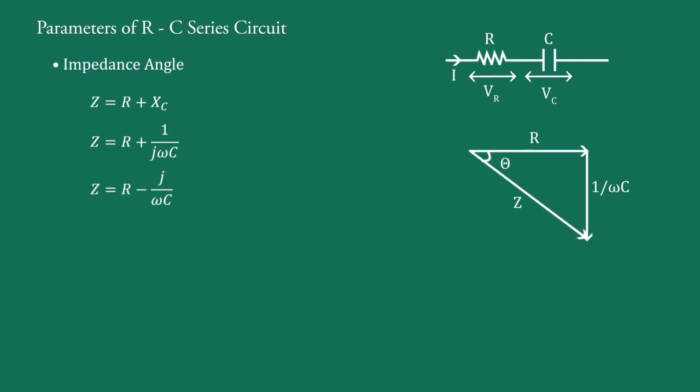Using trigonometric relation for this right angle triangle, tan theta equal to ratio of the opposite side to the nearby side of angle theta.